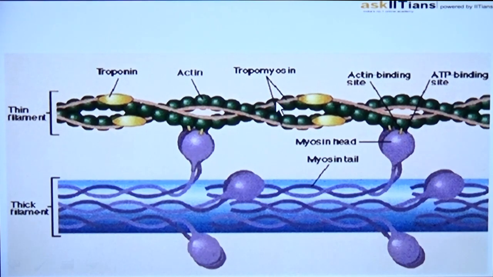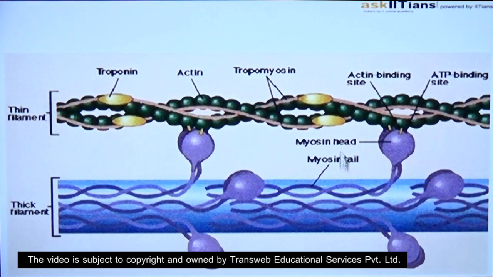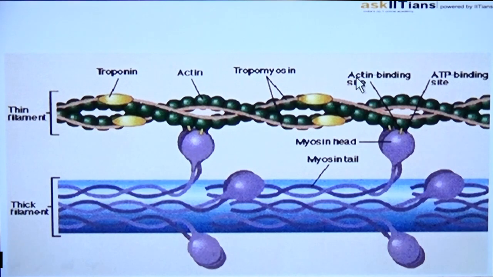Tropomyosin is these alpha helical strands. And the actin binding site and ATP binding site are present in the myosin head, so that it can bind to actin and bind ATP in order to let the process of muscle contraction happen.